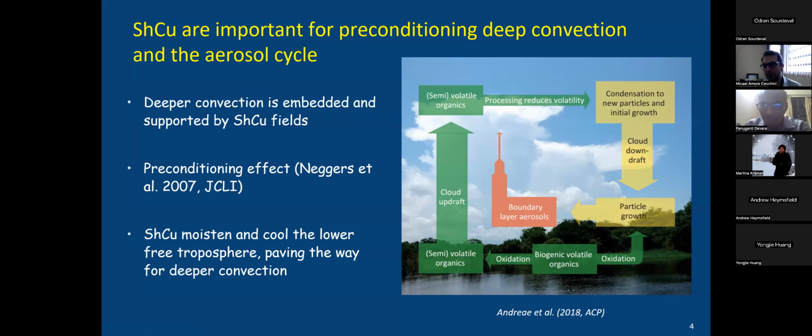And those particles then start to grow into larger sizes, CCN sizes, and they are also carried downwards.